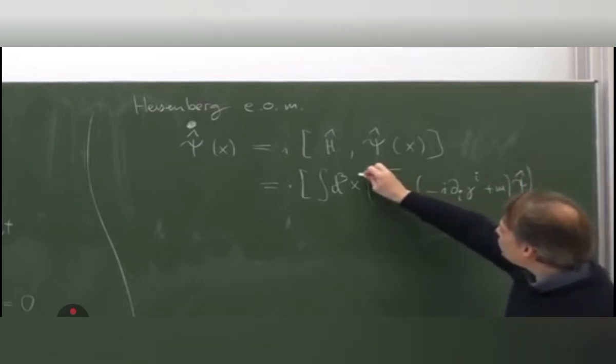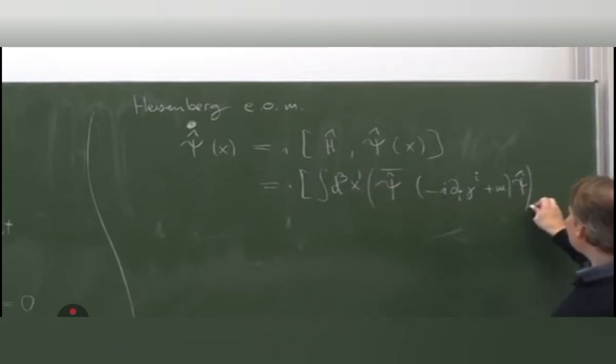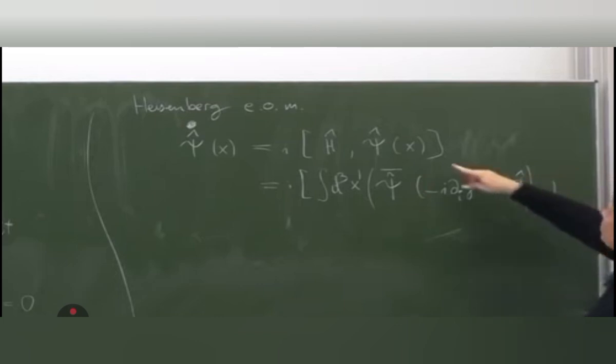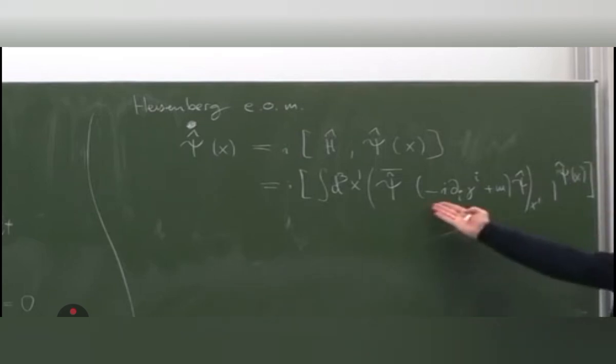And let's say the argument here is x prime, and then everything here is evaluated at x prime, in the commutator with psi hat at x. This is the Hamiltonian density, and the sum over i means that the index runs from 1 to 3, but not from 0 to 3, so the time component has dropped.